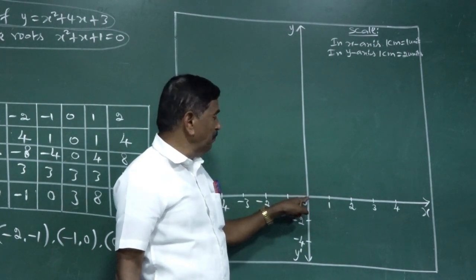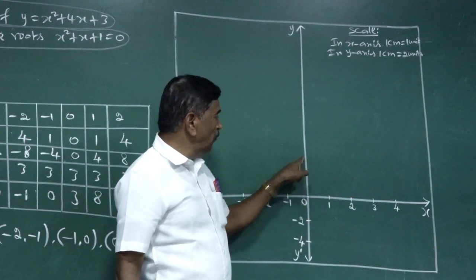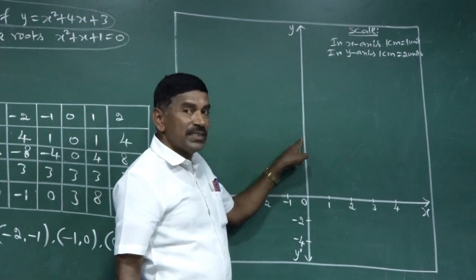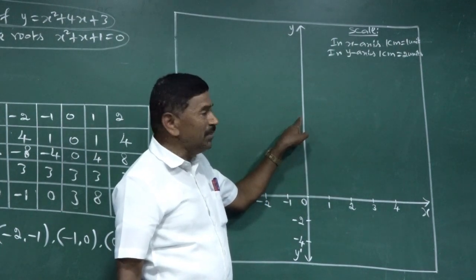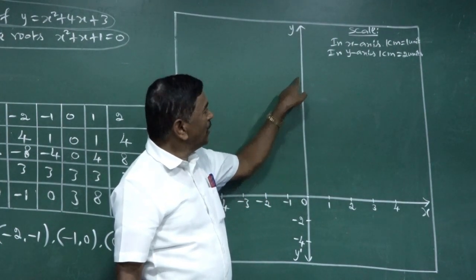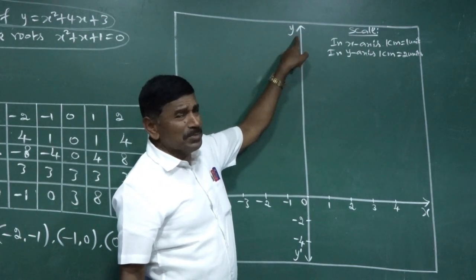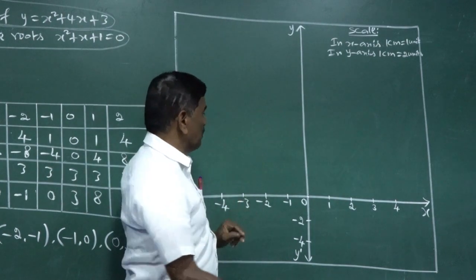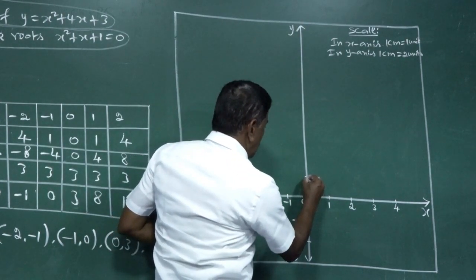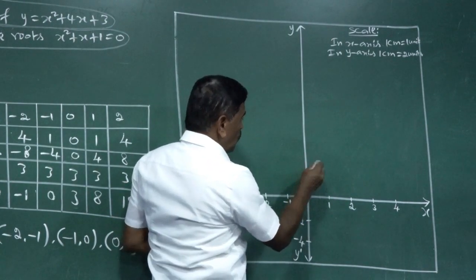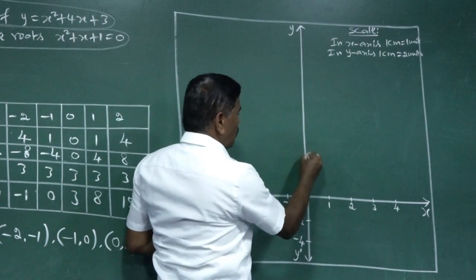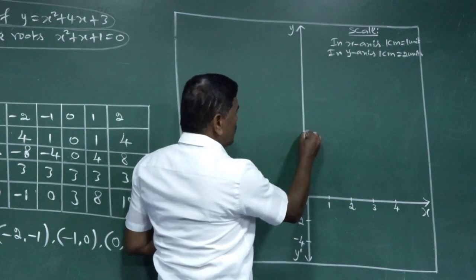Okay, upwards. That is 2 units, you know. So approximately we are going to get 0, 2, 4, 6, 8, 10, 12, 14, 16.